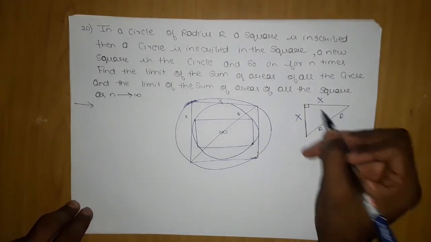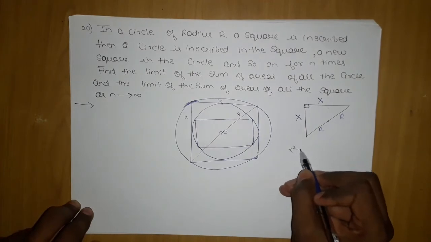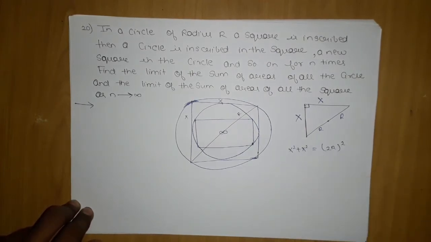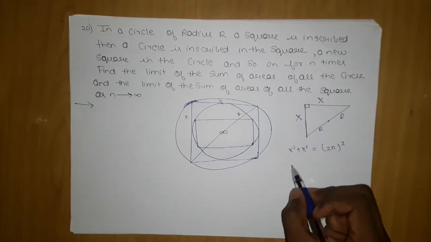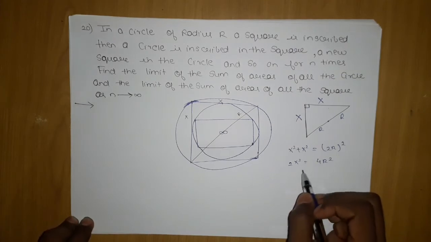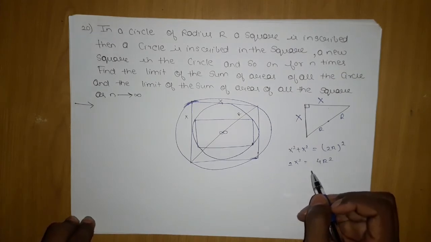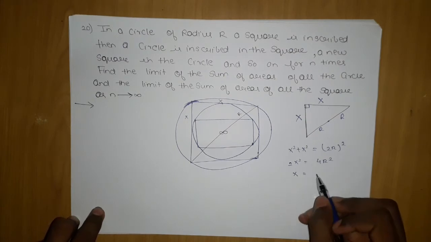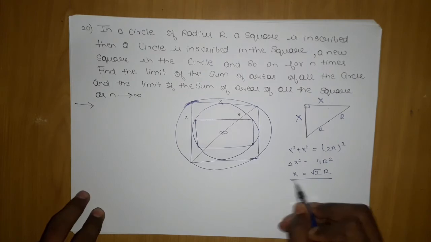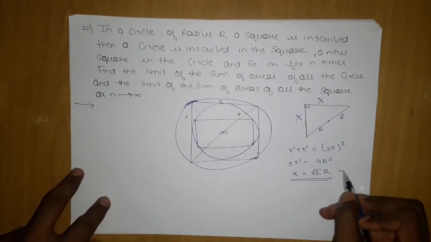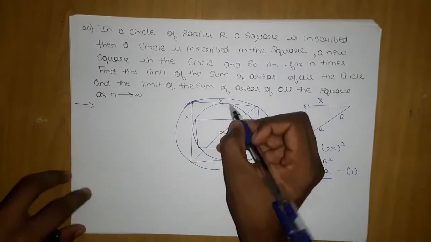By Pythagoras theorem, x square plus x square equals 2r the whole square, giving me finally 2x square equals 4r square, which will give x equals root 2 r. Keep it as 1. So we got this length.